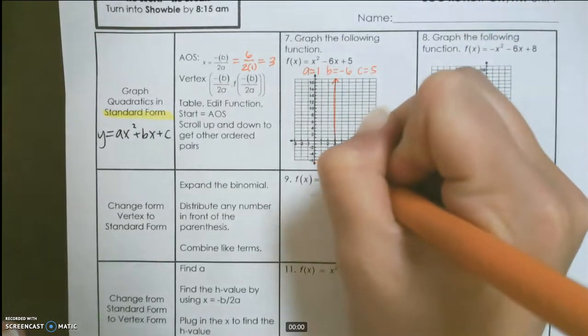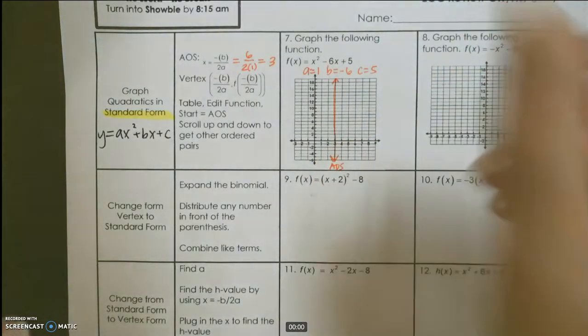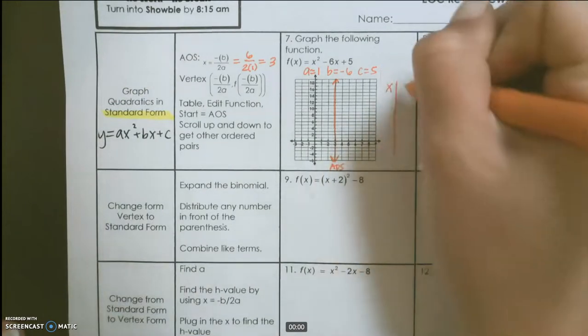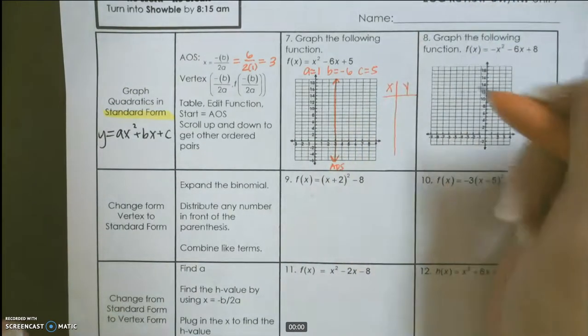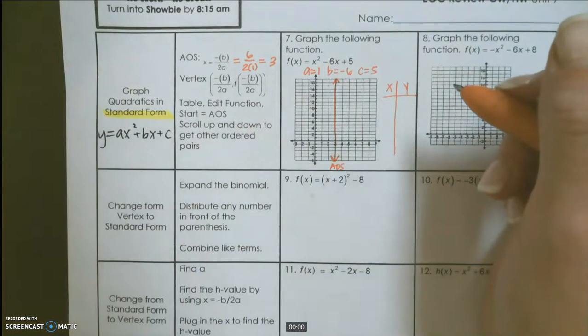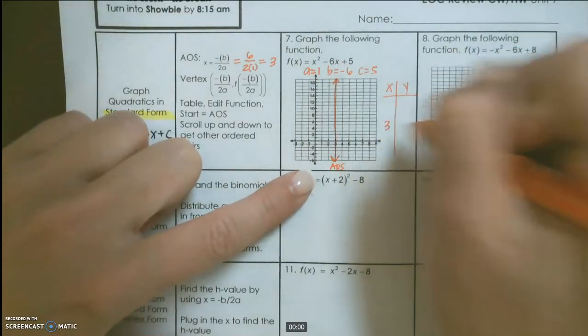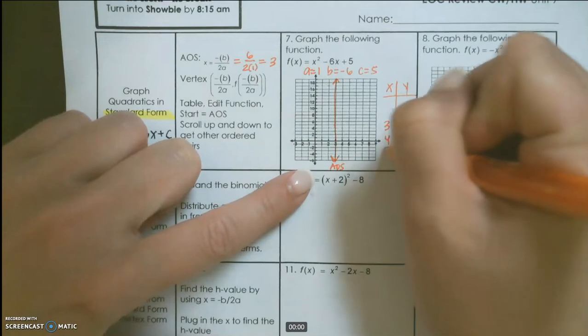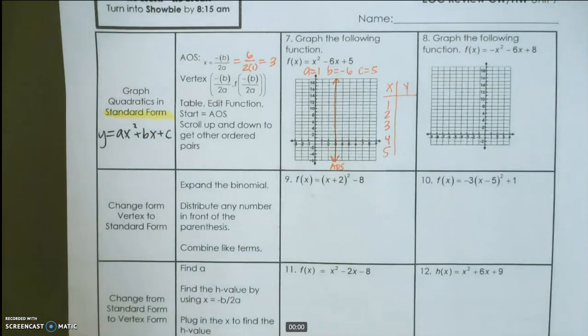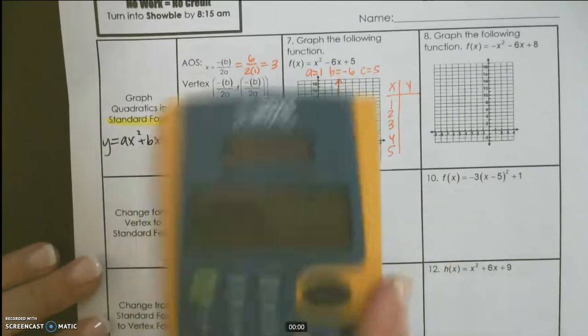So we have our AOS, our axis of symmetry. Now we can make a table based on picking points on either side of our axis of symmetry. So 3 is in the middle of the table, 4, 5, and 2 and 1. Remember, pick 2 points on either side of your AOS or your vertex.